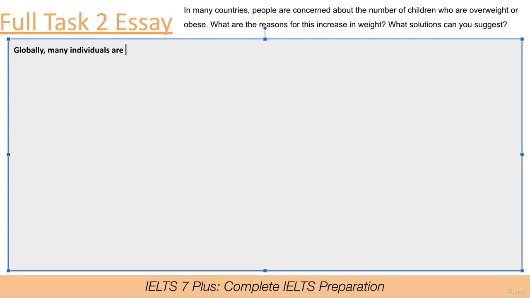Many individuals are worried about the rising trend in the younger generation, to be rising trend, to be gaining weight.